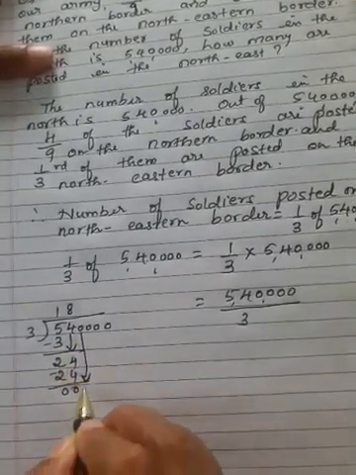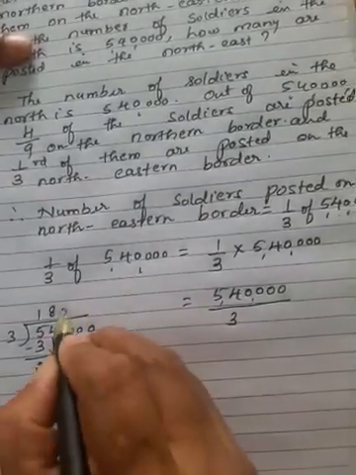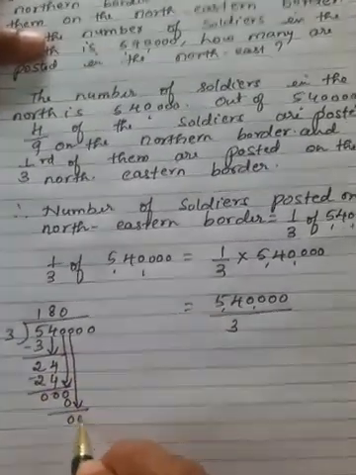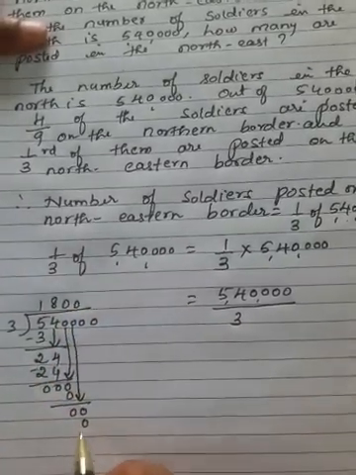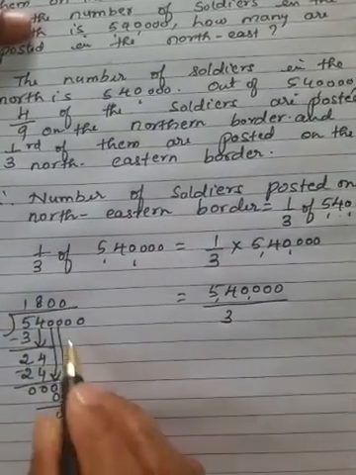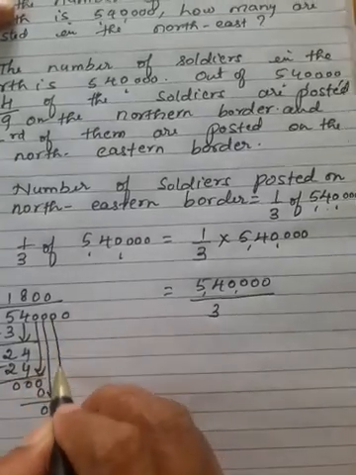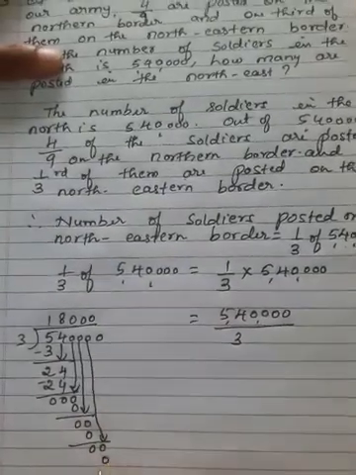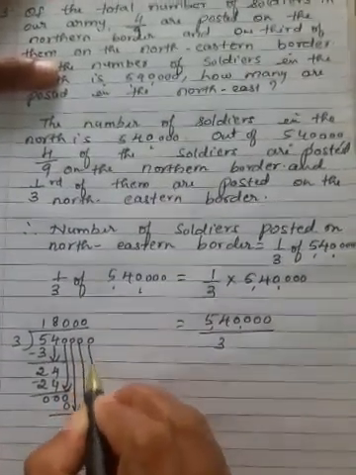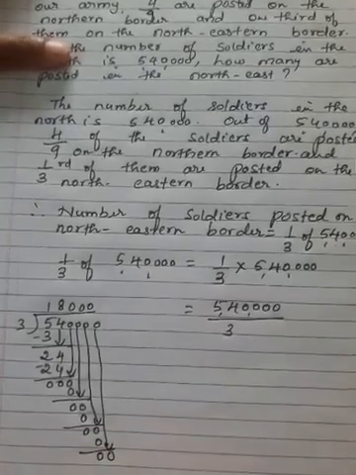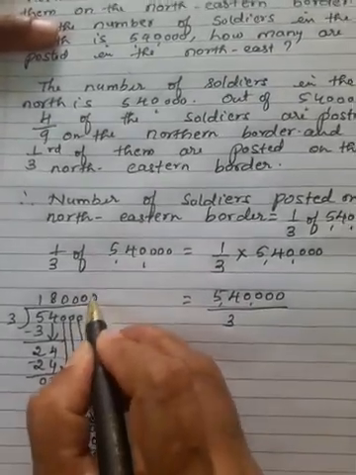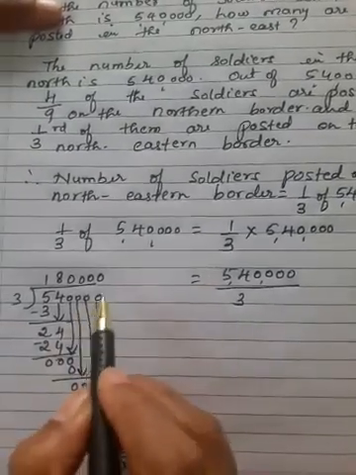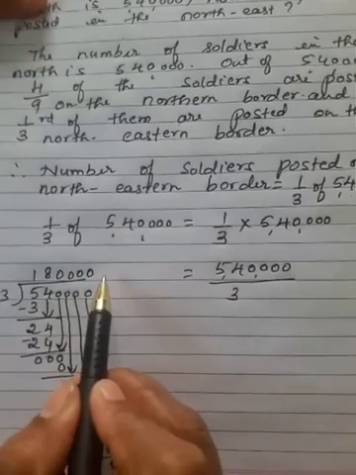Then take the next digit 0. 3 zeros are 0. Next take 0, 3 zeros are 0. Next take one more 0, again 3 zeros are 0. Now take one more 0, so 3 zeros are 0.